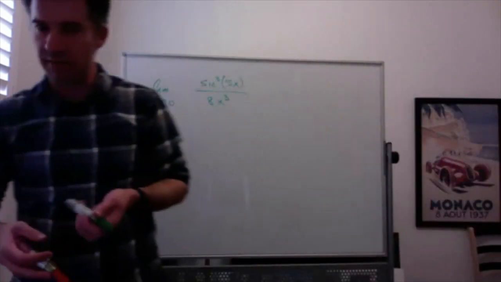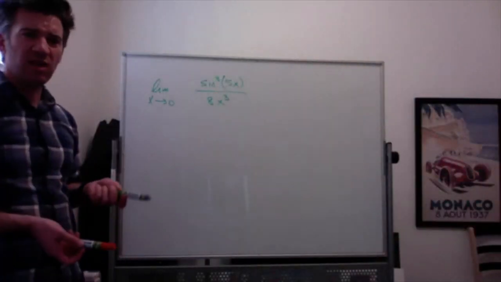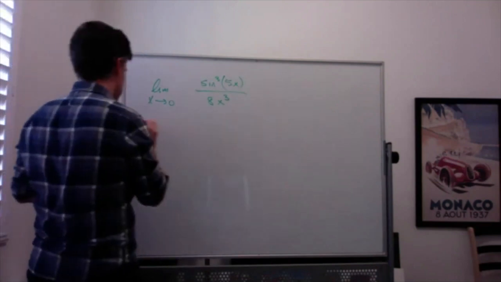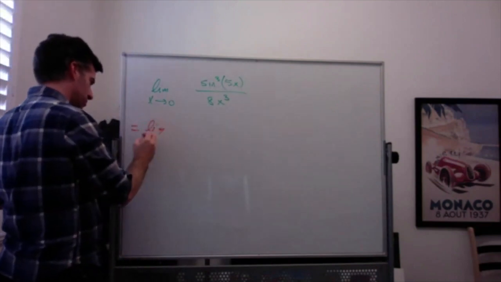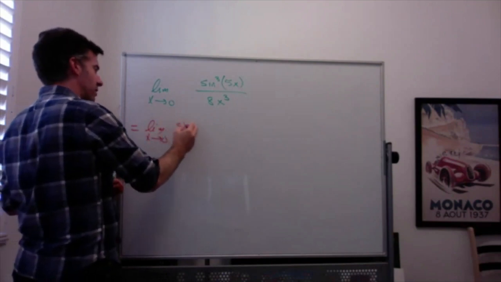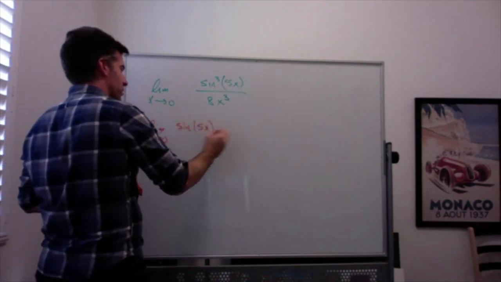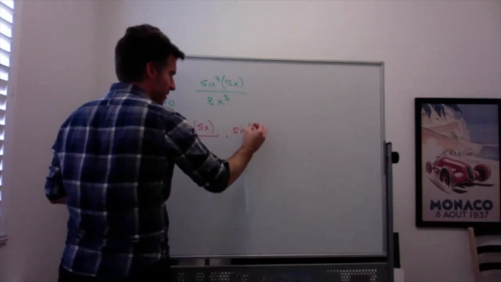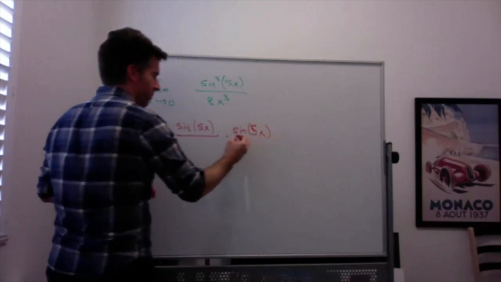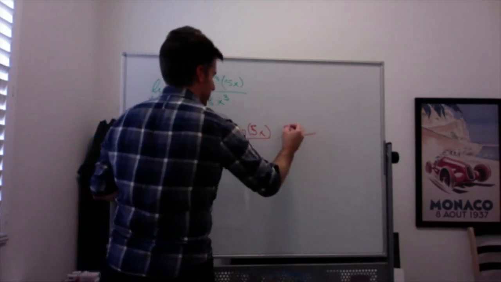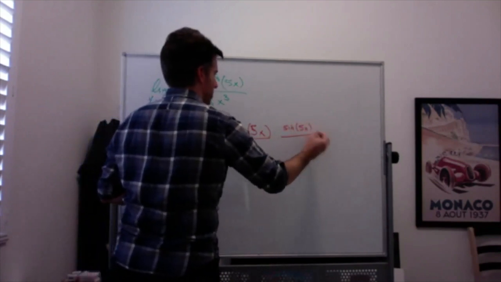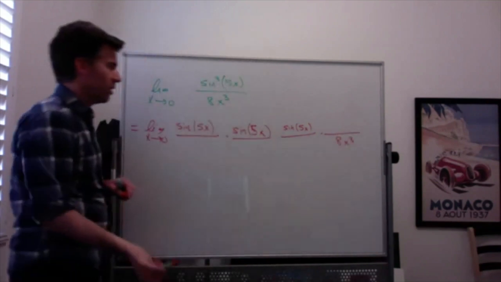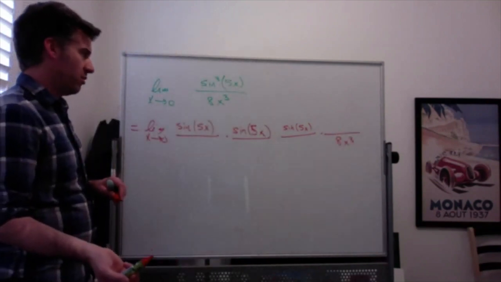I think it's been about a minute and a half. And I think you should end up with 125 over 8 here. But let's have a sine of 5x times the sine of 5x times the sine of 5x over 8x cubed. All right.